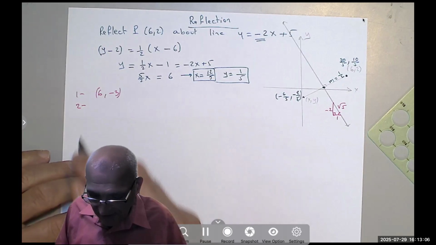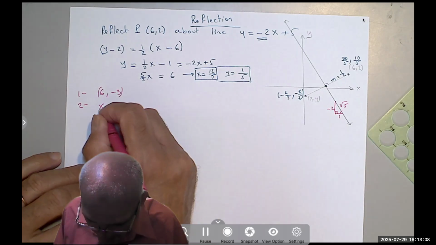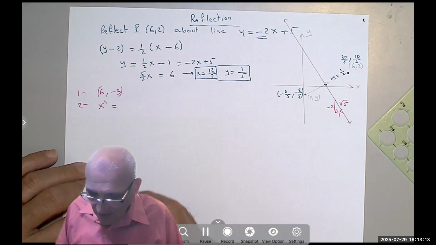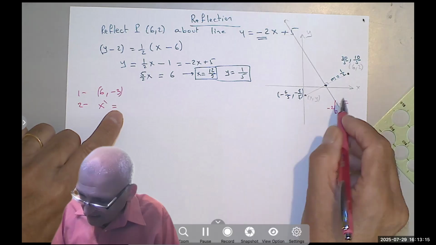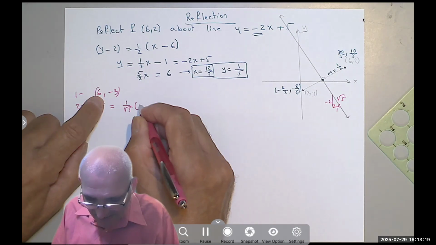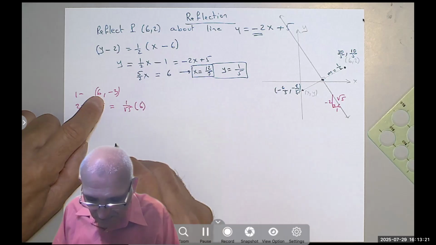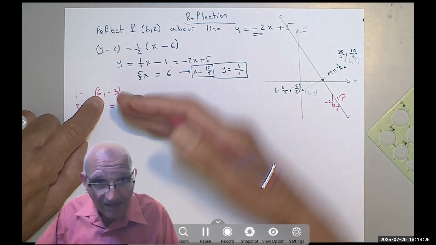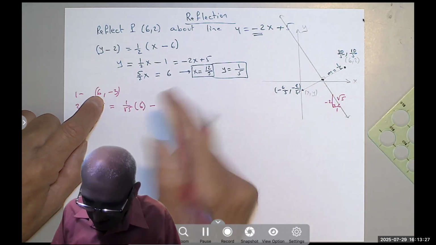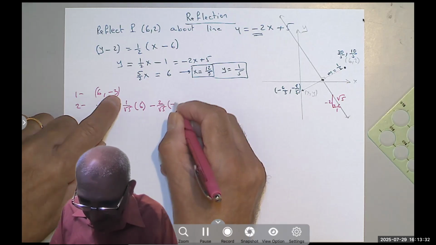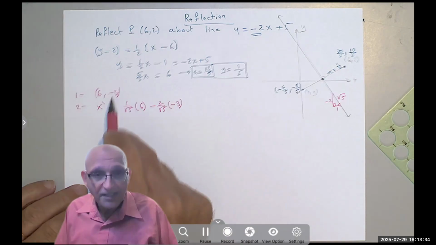Remember, rotating counterclockwise, we say the new x, which I call x prime, equals cosine of theta, which is 1 over root 5, times the x, minus, when you rotate counterclockwise, you say minus 2 over root 5 times negative 3, which is the y.